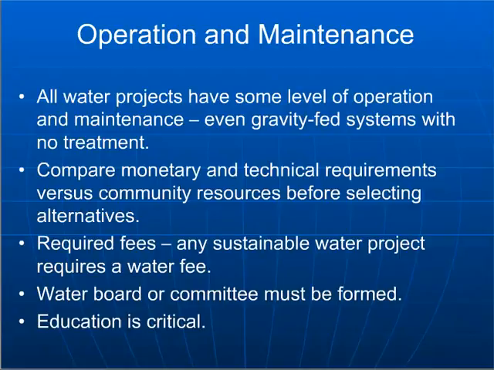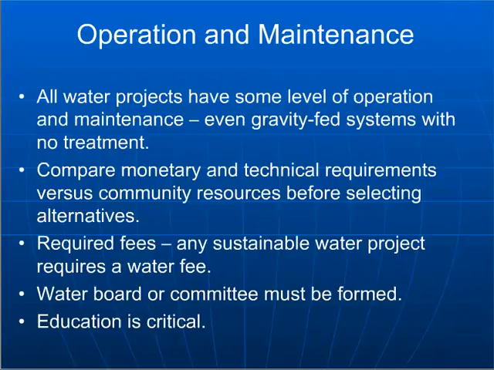The operation and maintenance is another very critical component. I would venture to say that it's probably the most critical component of any type of community scale water distribution system. Regardless of the type of system, whether you're using a solar pump or a gravity-fed system, there is going to be some level of maintenance that's required.